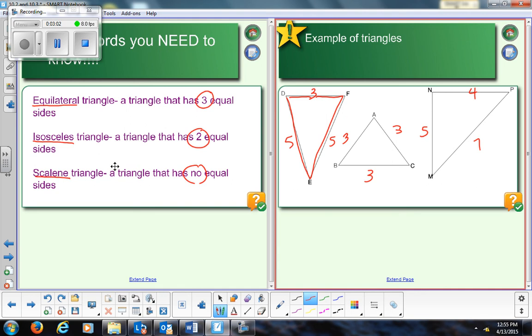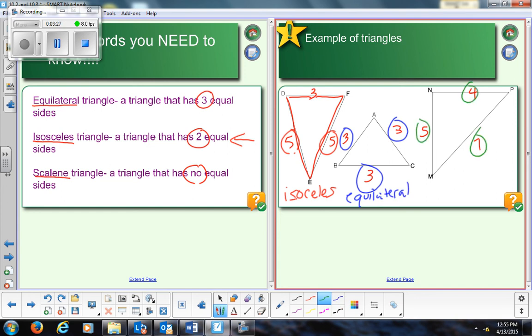All right, so I have 2 sides that are equal, 2 numbers that are equal, and so that would point me to an isosceles. Looking at this one, I've got 3, 3, and 3, so I have 3 sides that are equal. So this is an equilateral. And then I have a 5, a 4, and a 7, which none of them are equal, so this is a scalene. So you'll look at the numbers and try to correspond whether they have 3, 2, or no sides that are equal. Very important that you are studying these words, otherwise you will not do well on this test.